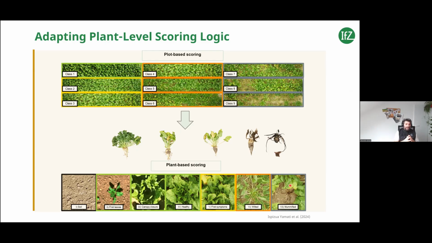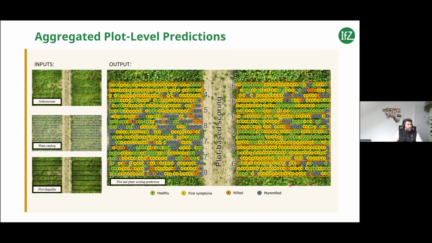The pipeline logic remains the same: plant cataloging, image extraction, classification. But the disease biology is different, and the class structures are really different. Once the plant-level predictions are aggregated to plot level, we can compare automatic scoring with the expert assessment.